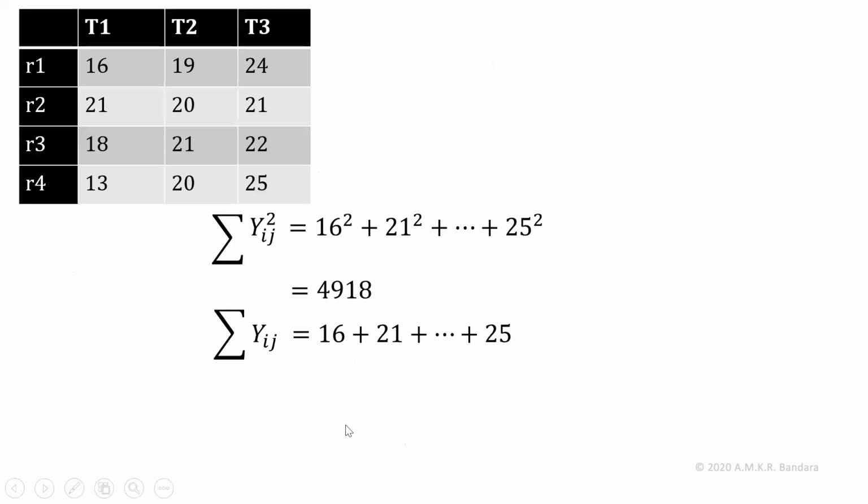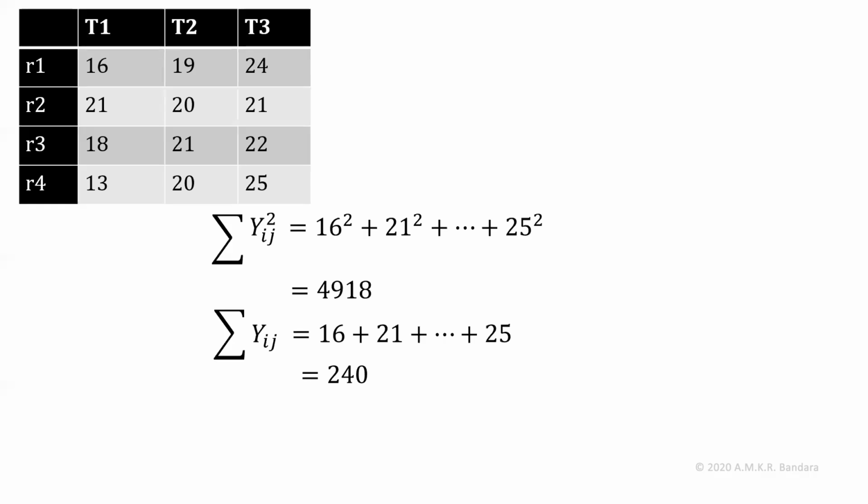Grand total means the sum of each observation. You have to add 16, 21, 18, 13, likewise up to 25. When you add these, you will get the grand total y dot dot, which is equal to 240.